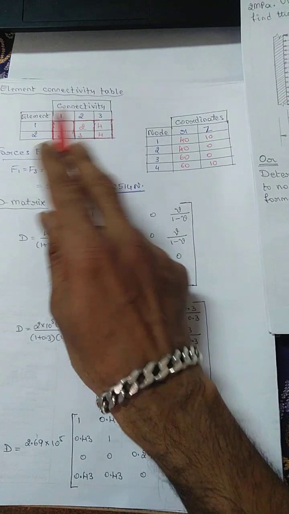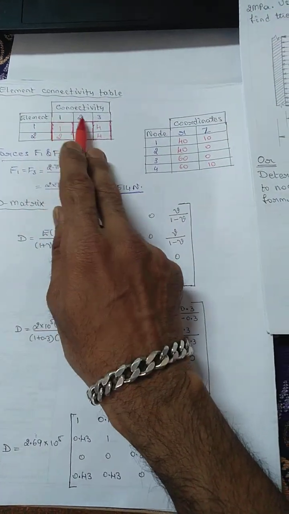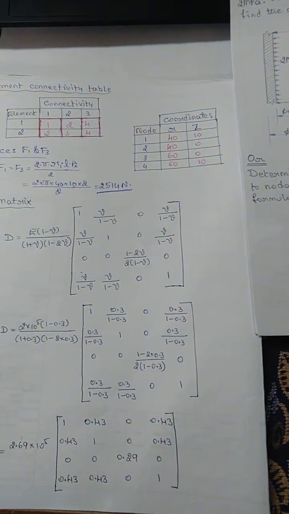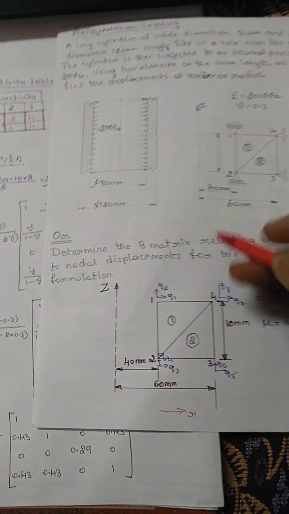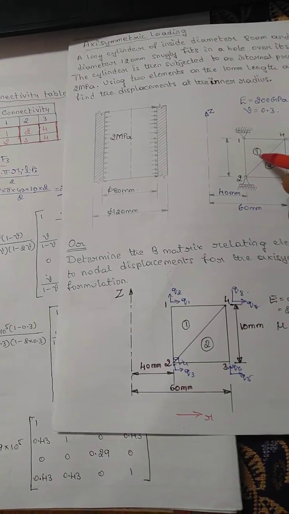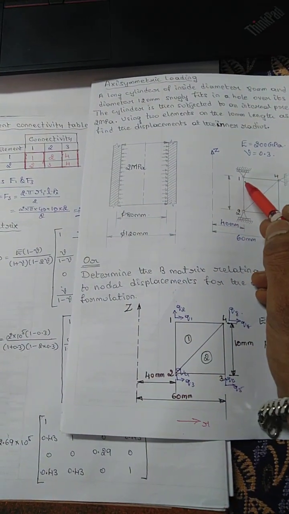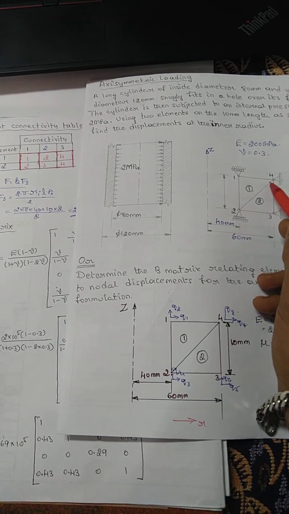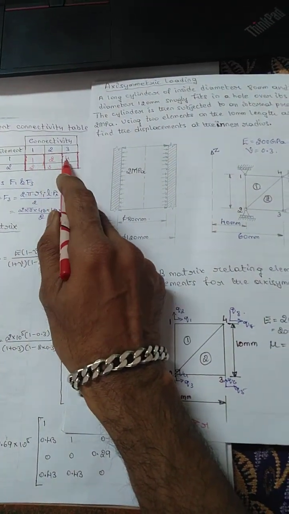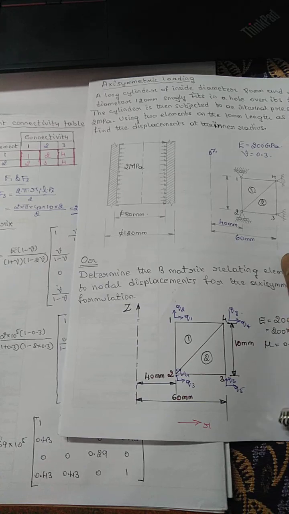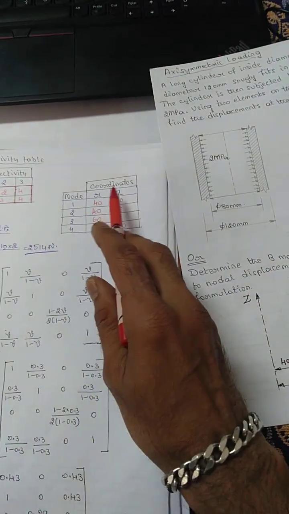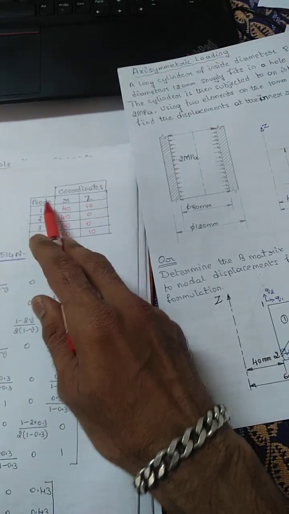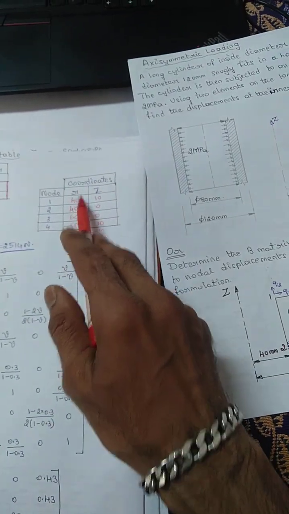There are two elements, 1 and 2. For element 1, the connectivity is 1 2 4. Then we need the coordinates r and z for the nodes.